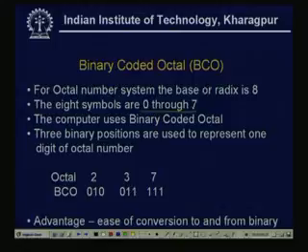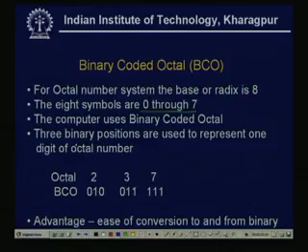These 8 values are mainly used. Now, the computer uses binary coded octal. Now, how is this octal number converted to binary coded octal? See, 3 binary positions are used to represent 1 digit of an octal number.